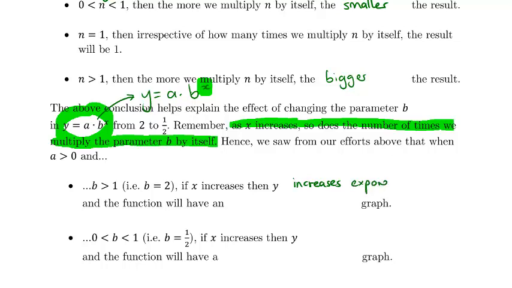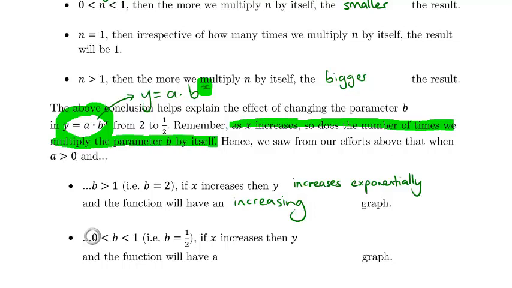It increases exponentially because if x increases, then b is being multiplied by itself more times, and if b is greater than 1, the result, which is y, will keep getting bigger and bigger, and the function will have an increasing graph. This is for when a is greater than 0.